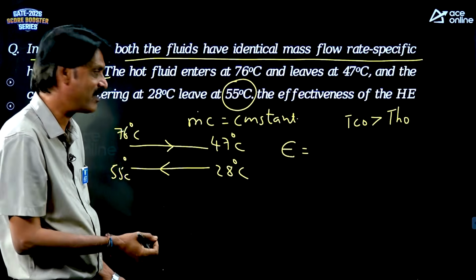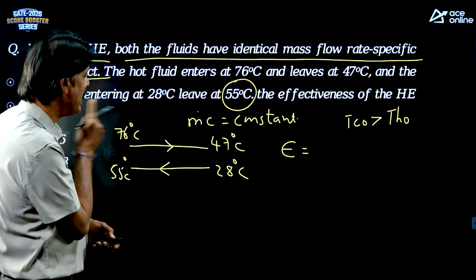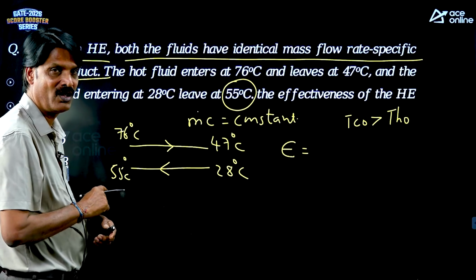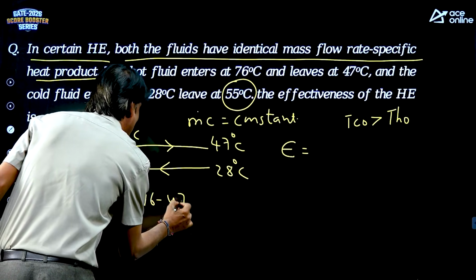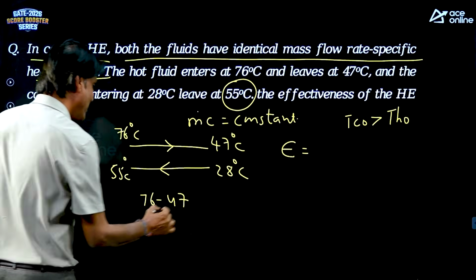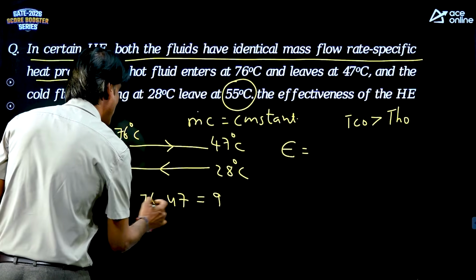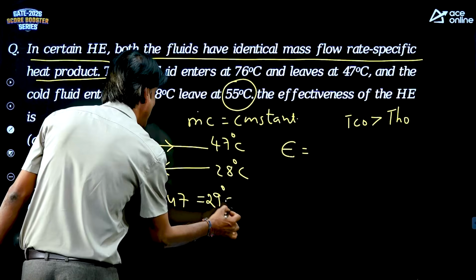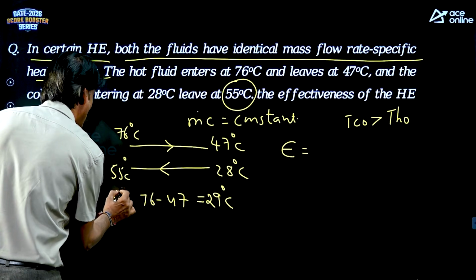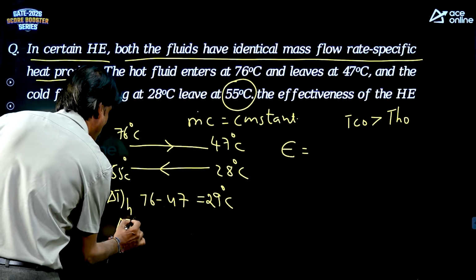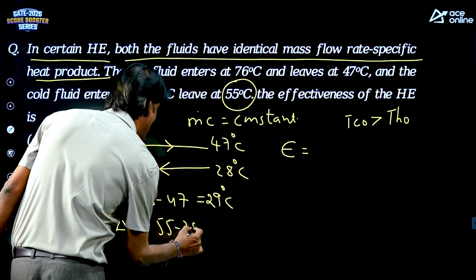But when both are the same, it can be either one. But if you make an energy balance, it will not set so. The reason is, if you check 76 minus 47, the value is 29 degrees centigrade. If you look at the temperature drop for the cold fluid, it is 55 minus 28.